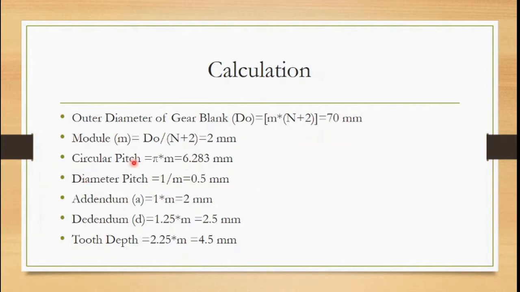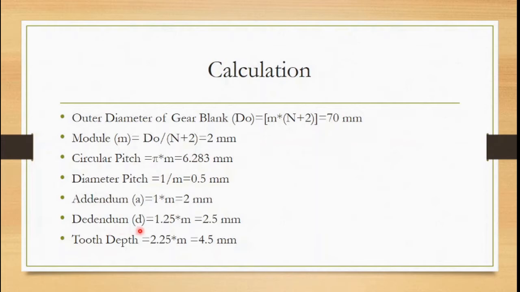Circular pitch can be calculated by using the formula, that is pi into module equal to 6.283 millimeter. Diameter pitch is calculated using the formula 1 divided by module, we will get 0.5 millimeter. Addendum A is calculated using the formula 1 into module equal to 2 millimeter.